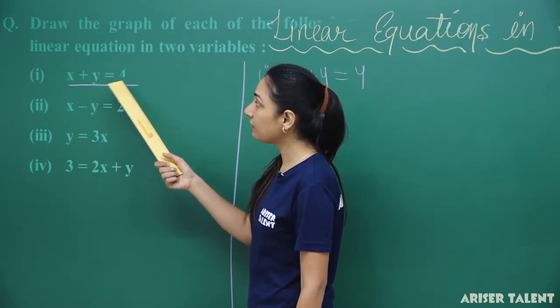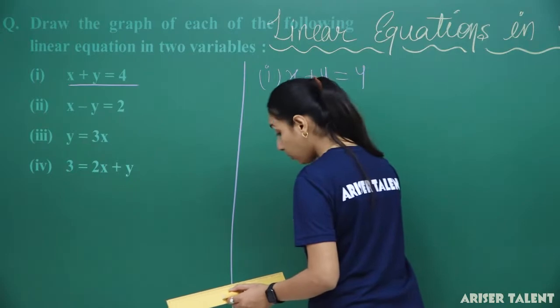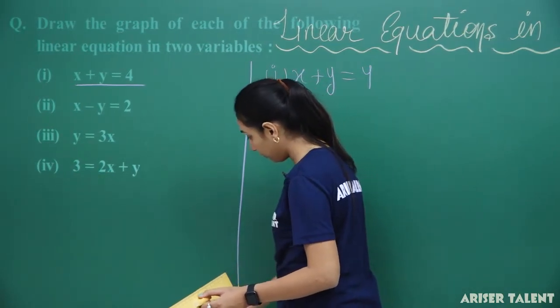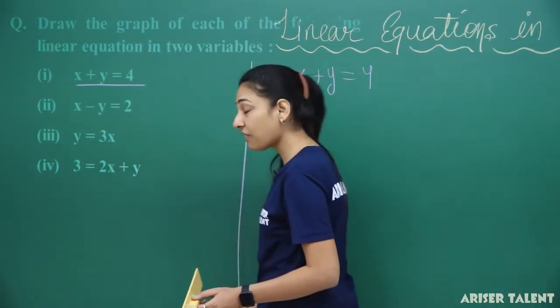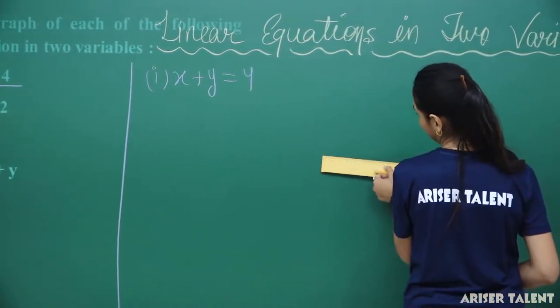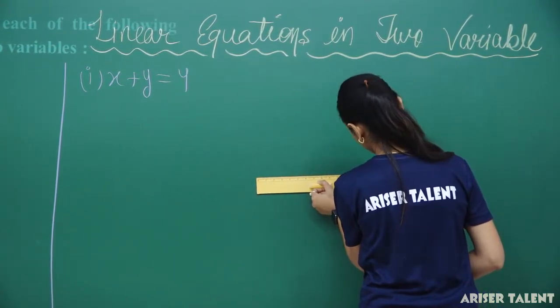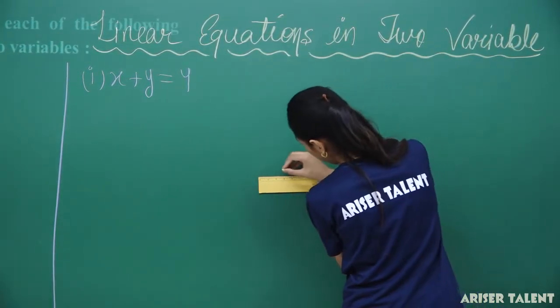So we'll be dealing with this first equation. So for sure we are going to draw a graph. So we'll have an x-axis and a y-axis. So with that, I'll just draw this graph here.